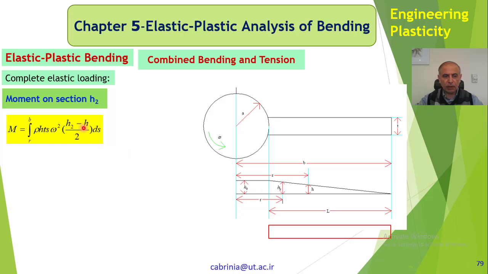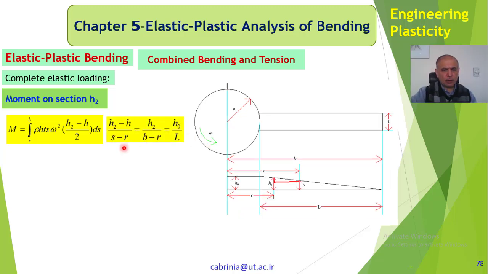That's why we have written H2 minus H over 2. You can consider that the normal force here acts at the middle of H2, and here also at the middle of H, but H is smaller than H2. So the difference between H2 and H is what causes the bending moment.